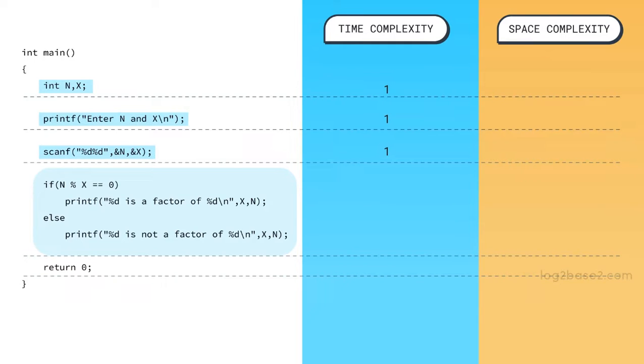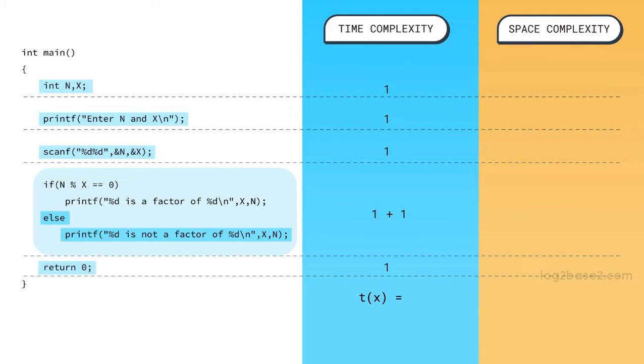Here, for a given value of n and x, either if part will work or the else part will work. So for this case check, we can say it takes 1 unit of time, and for the print statement inside, it takes 1 unit again. So a total of 2 units will be taken for this part only. And the final return statement will also take 1 unit time.